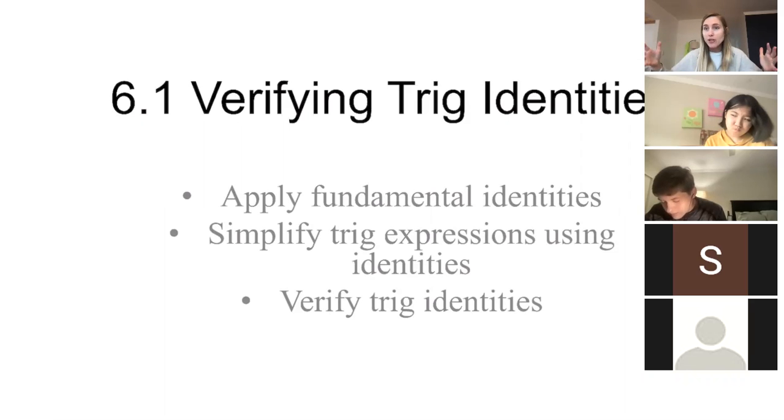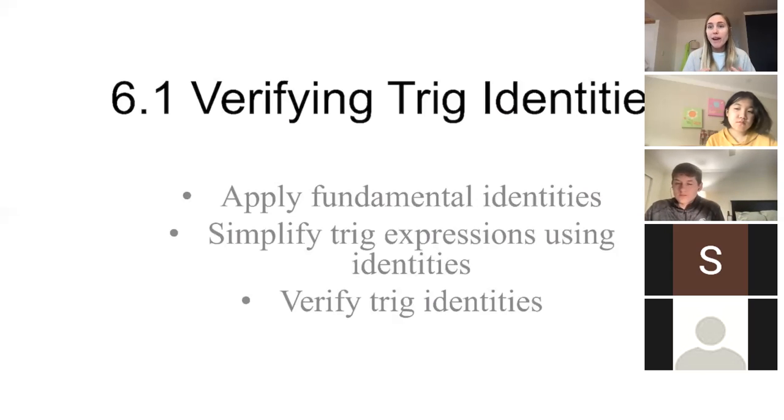So complicated trig expressions, we're going to make less complicated by replacing different parts of the expression with these identities to make them much simpler and easier to look at. We're not really doing anything with them right now, so we're just going to make them as simple as possible. That's going to be practice for leading up to verifying trig identities.